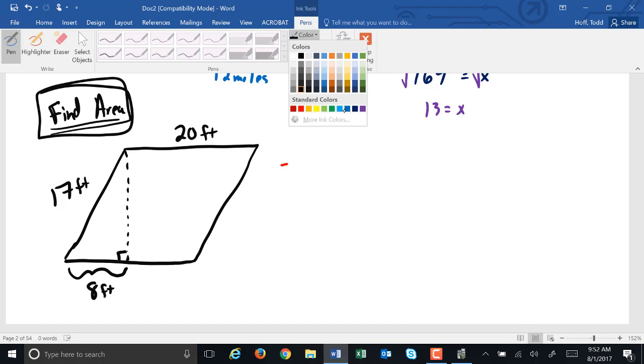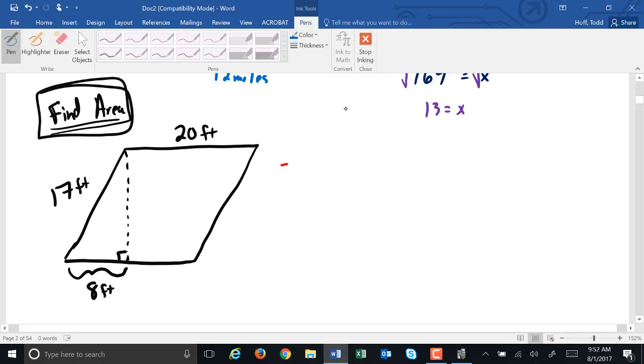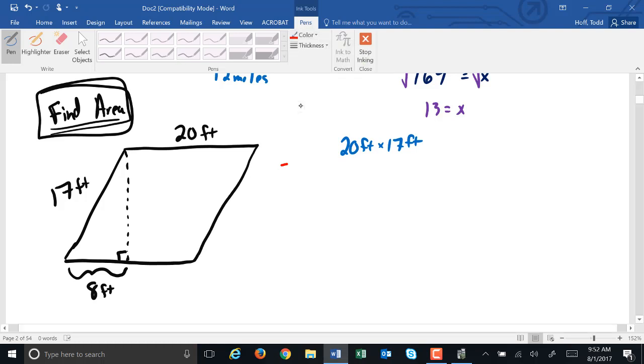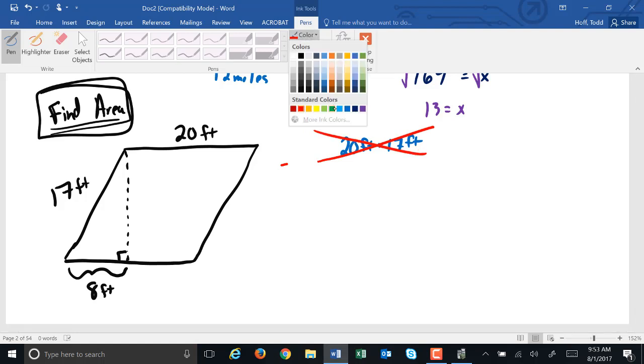Would I do, to find the area of this, would I do 20 times 17? Is that the calculation I would do to find the area? Say no. No. Okay, why not?